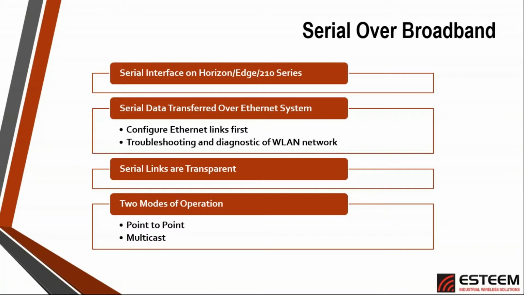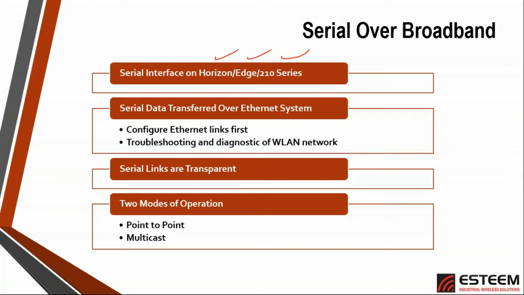And then we also have one other series, which is our narrowband series. The narrowband series handles serial communications, I guess the best way to characterize it is natively. It handles serial packets as serial. All of our other products, the Horizon series, Edge, the 210, all of them handle it the same way, in that it is actually serial data inside of an Ethernet packet.